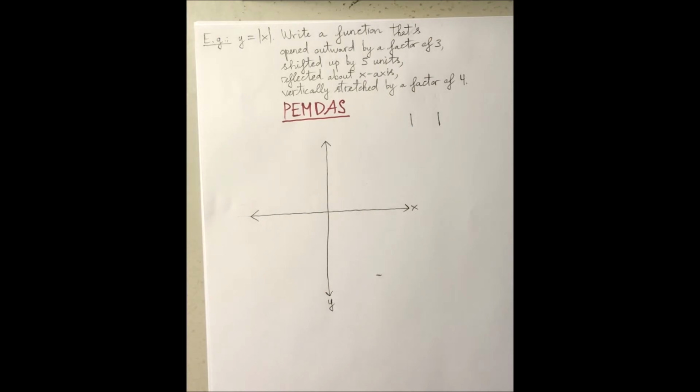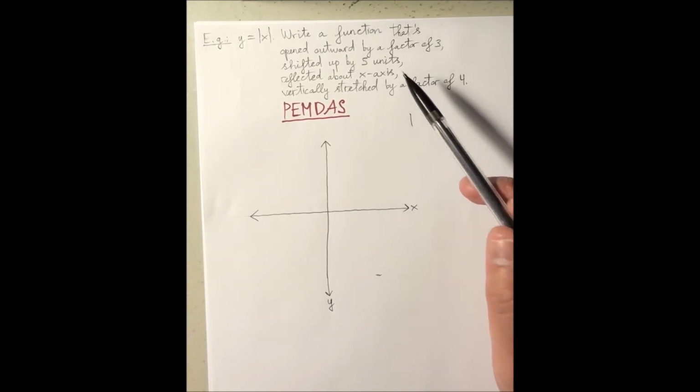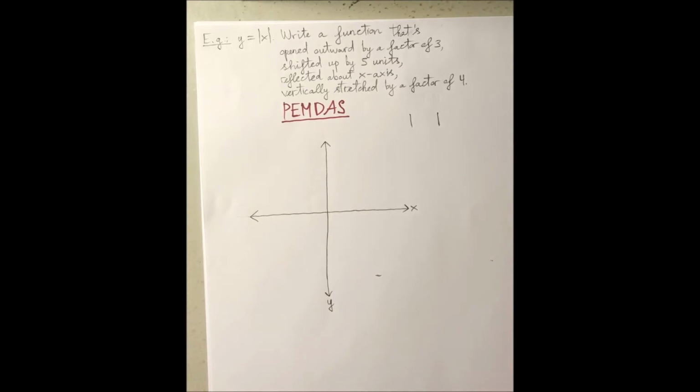So let's see, we have opened outward by a factor of 3, we have shifted upward by 5 units, we have reflected about the x-axis, and vertically stretched by a factor of 4. So immediately we can tell that inside the absolute value, we are going to have to first take care of open outward by a factor of 3, because open outward is another way of saying horizontally stretch by a factor of 3.